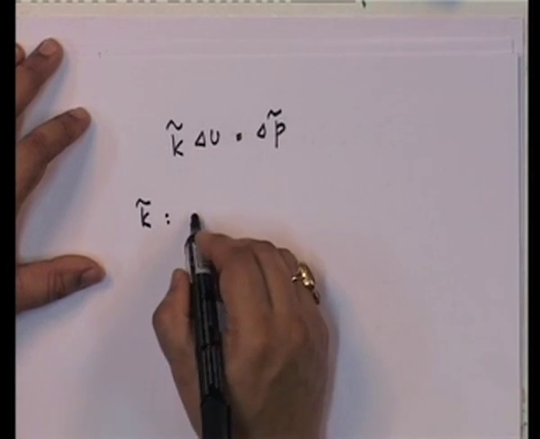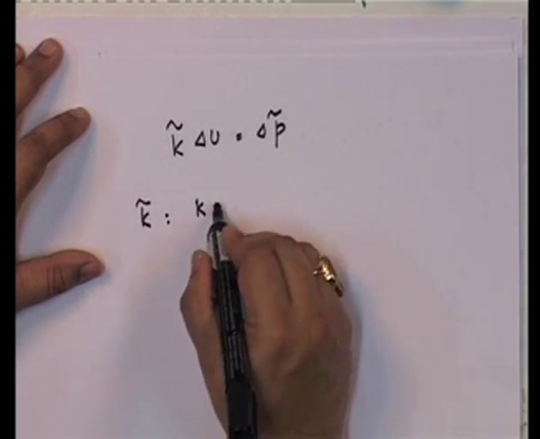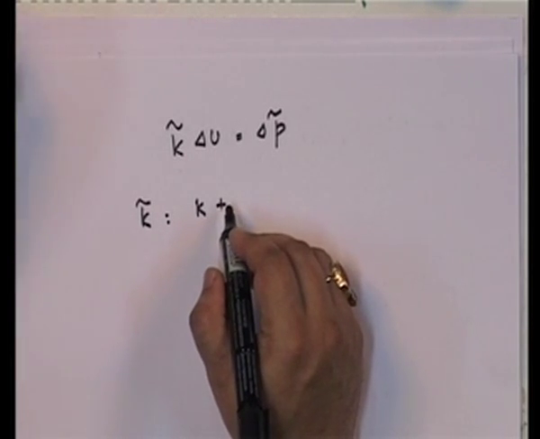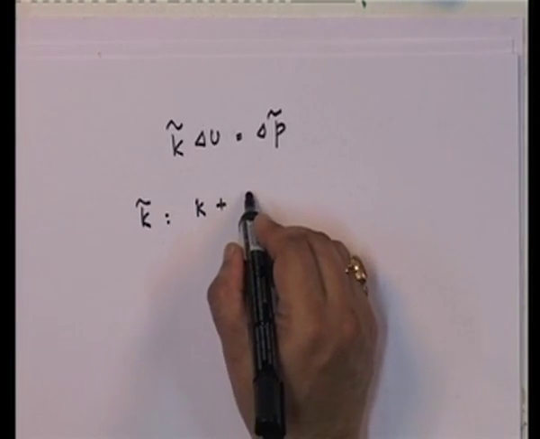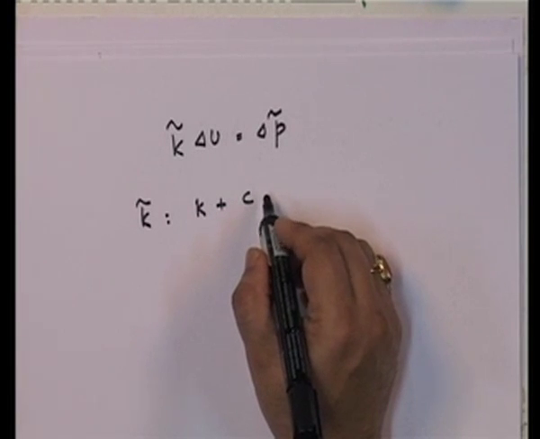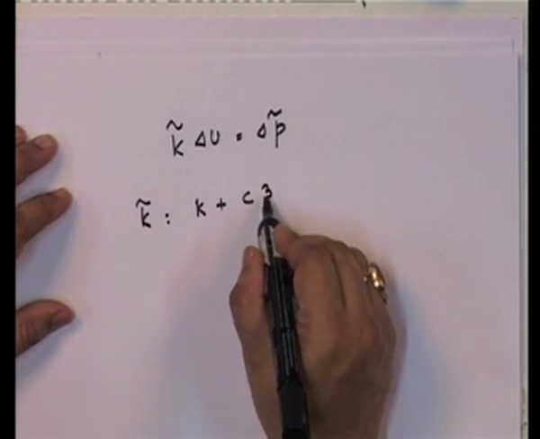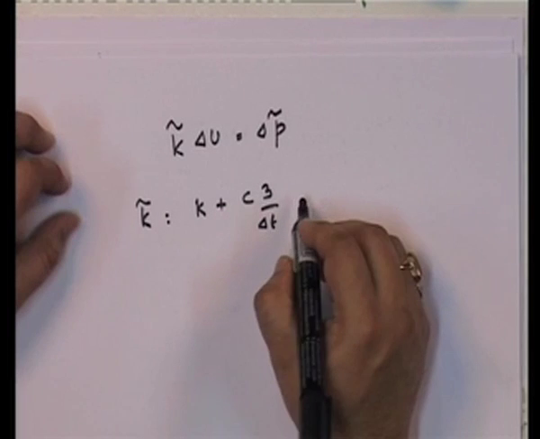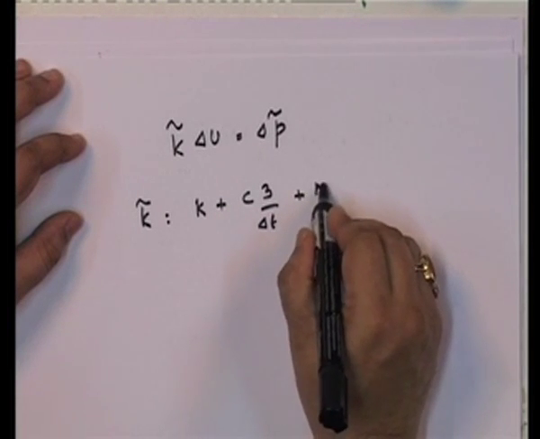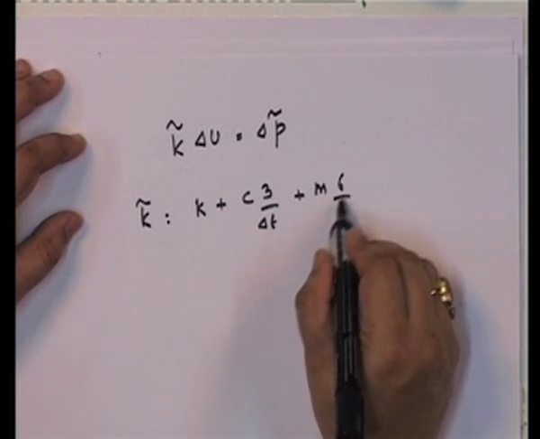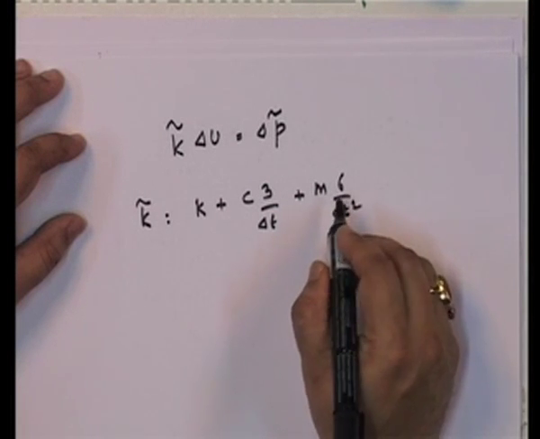where k star is equal to k plus c into 3 by delta t plus m into 6 by delta t squared.